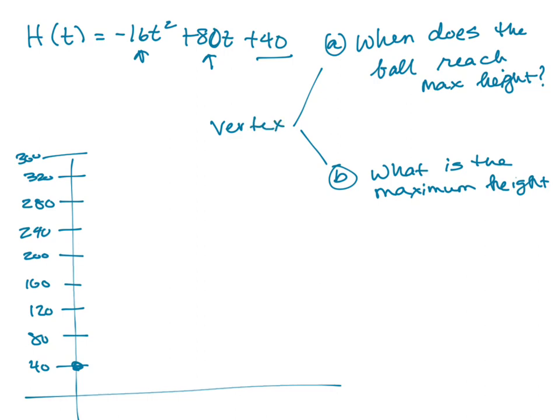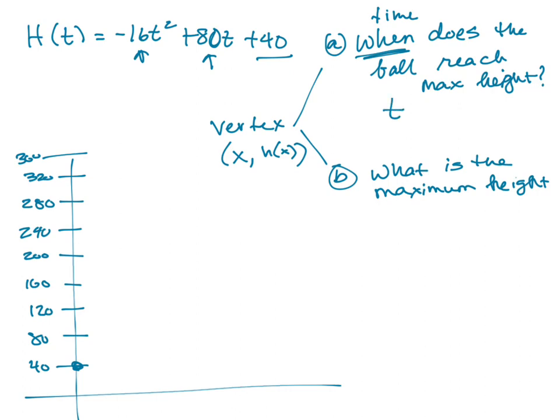A is the x, or the t. When does the ball reach max height? So if I'm talking a vertex, x comma h of x, or t comma h of t, the when question is time. This is for t.